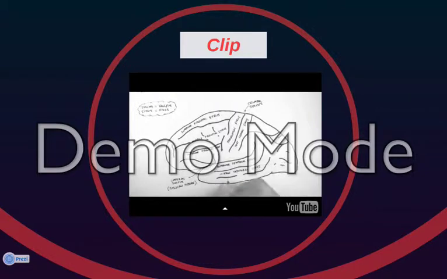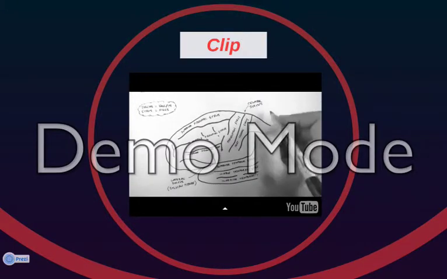And below that is the inferior temporal gyrus. So the frontal lobe and the temporal lobe are quite easy. Up here we have the superior parietal lobule, and below it we have the inferior parietal lobule.